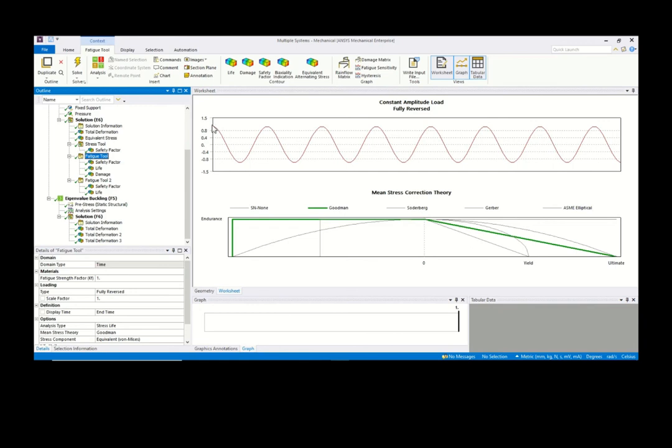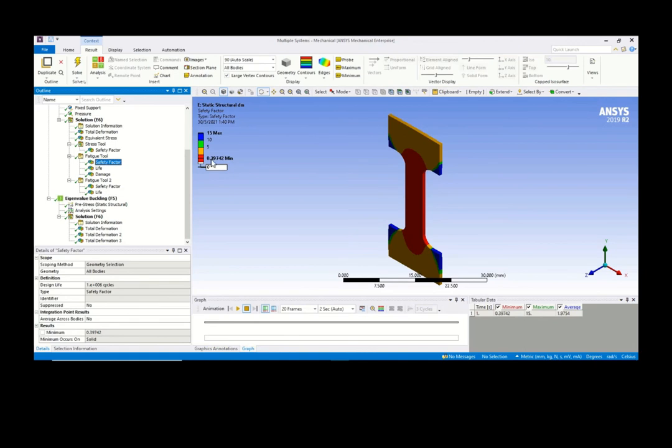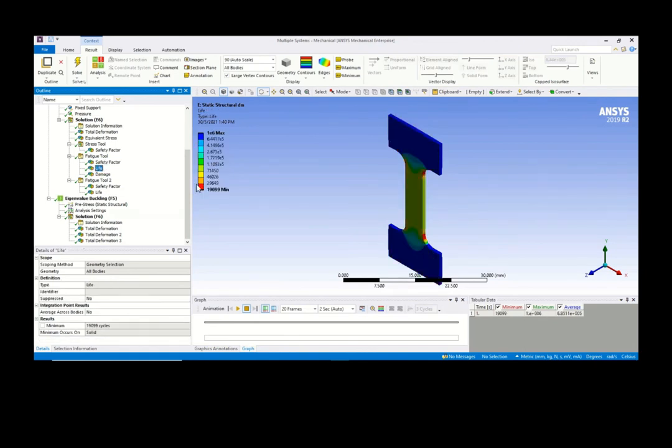You will see that it is far larger than 216.9 at certain frequencies. Then for fatigue, the safety factor will be far lower than 0.39, and your life will be far smaller than 19,000.